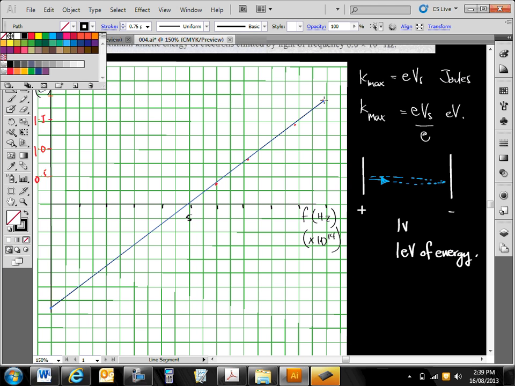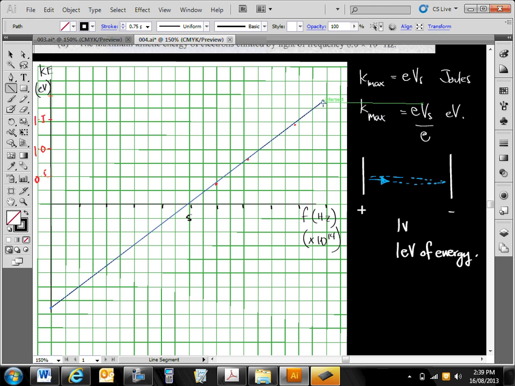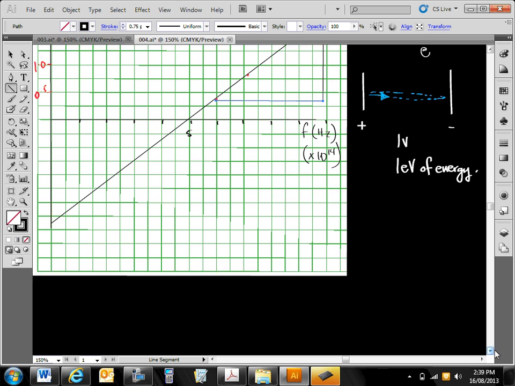What do you do? Yeah, that's right. We just do rise over run, don't we? So there's rise, and I'm going to choose 2 points because they are on the line of best fit, about there. They're on the line of best fit, so I can use those points. Planck's constant.